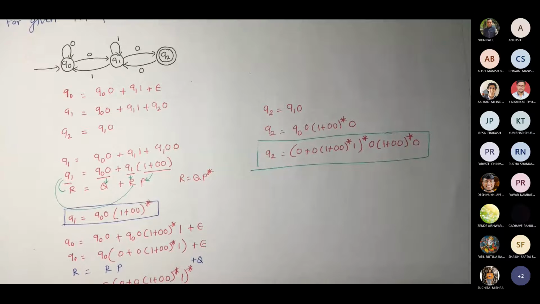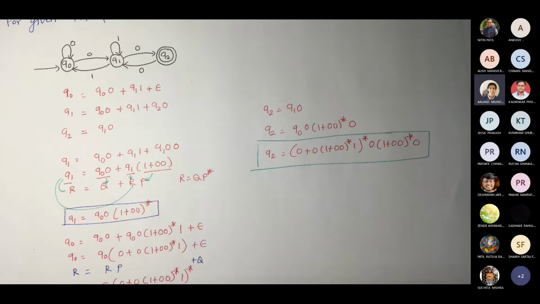Any question? Understood what we did? Can somebody repeat what we did? Okay. So first we described these transitions in algebraic form, in the form of equations.